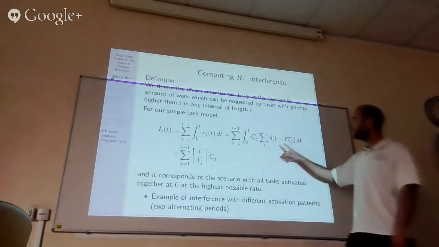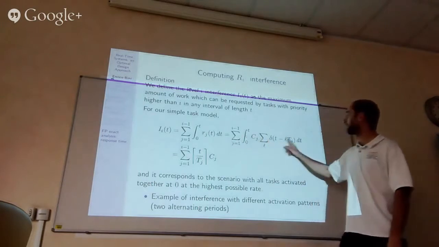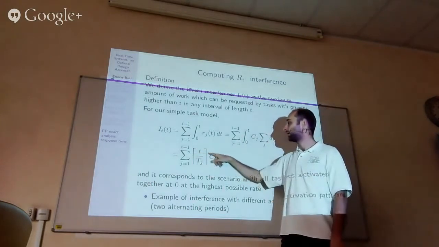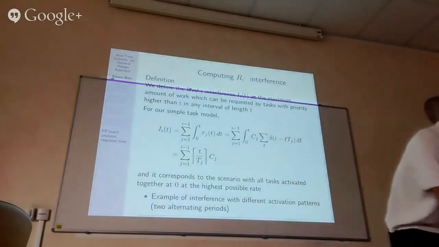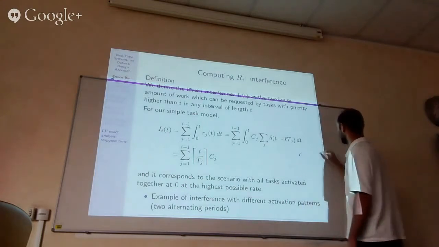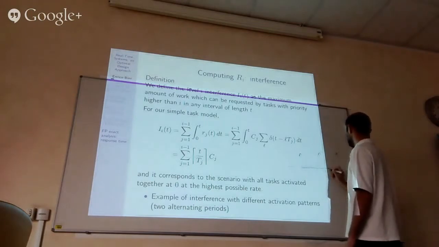If you do the integral of this Dirac delta, you simply get this ceiling operator of t, because basically you are integrating something like this with respect to t.